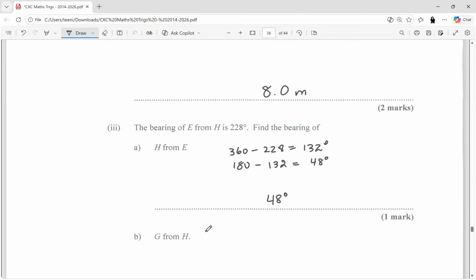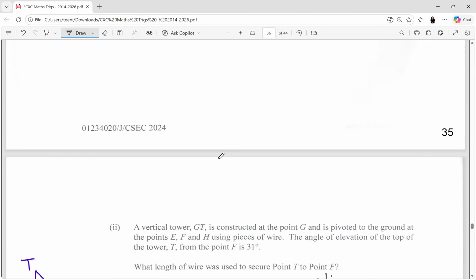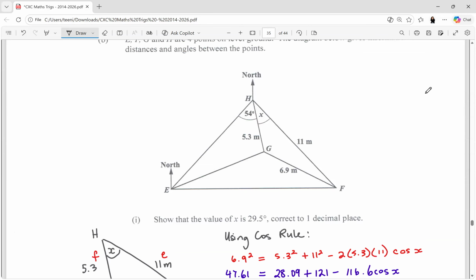Now they want us to find the bearing of G from H. So let's go back to the diagram. If we're looking at G from H, that means you're starting at H and going from H to G, so that will be this angle on the outside here.